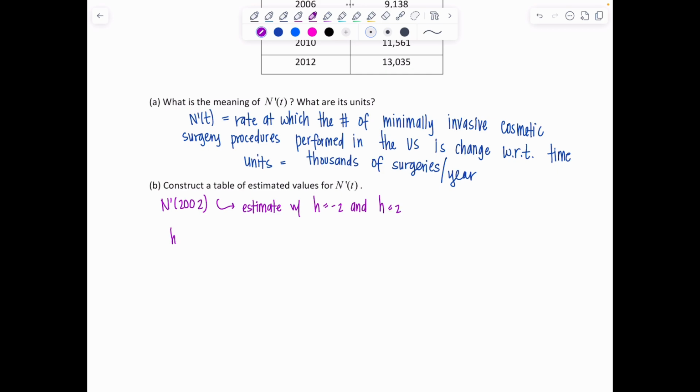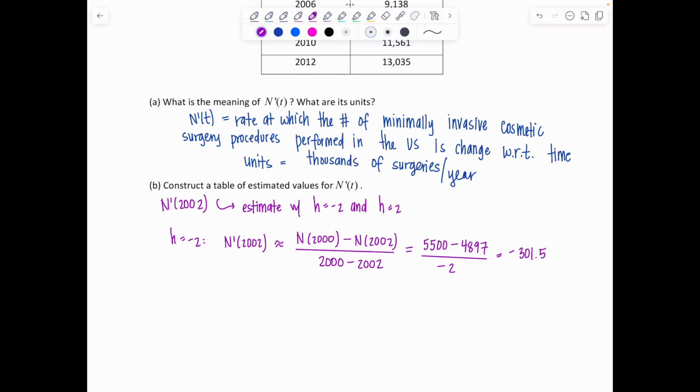If we're using h as -2, then N prime of 2002 is approximately, you go 2 below, N of 2000 minus N of 2002 over 2000 minus 2002. This gives you 5,500 minus 4,897 over negative 2, which is negative 301.5.